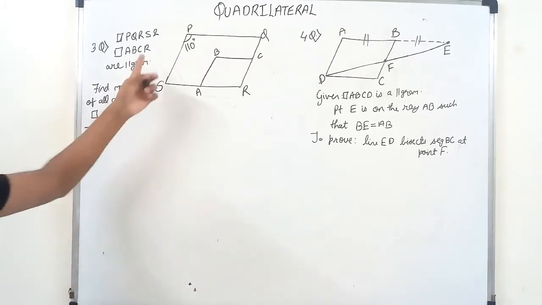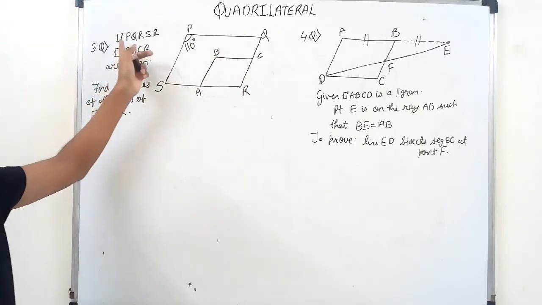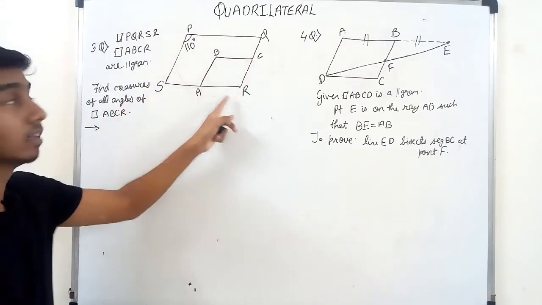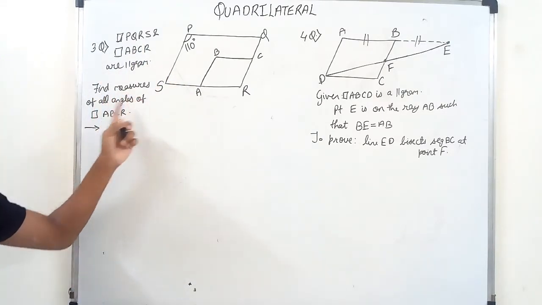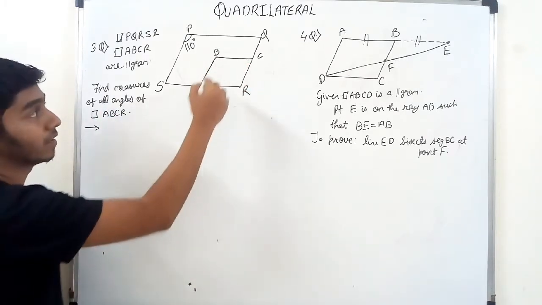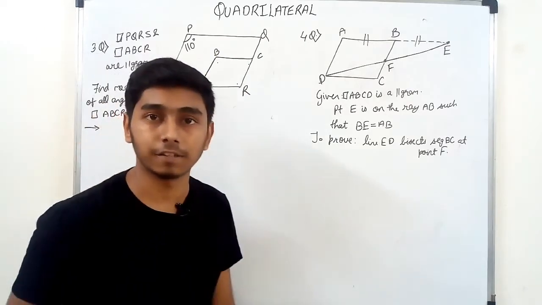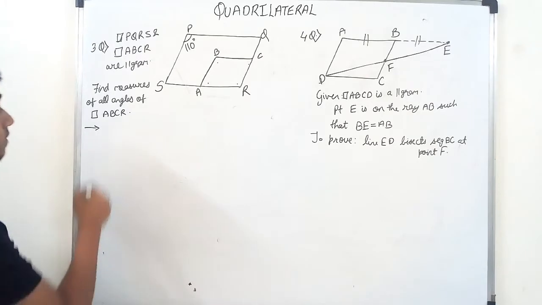Here is the given figure, and it says that both PQRS and ABCR are parallelograms. We have to find the measures of all angles of ABCR. That means we have to find all 4 angles. Let's find them one by one.